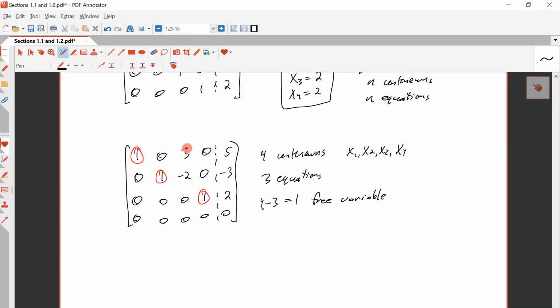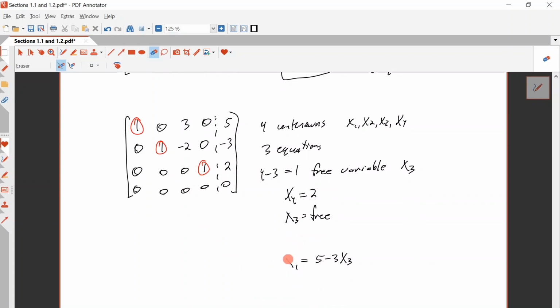There's no leading coefficient in the third column, so the free variable is x3. So x4 is 2, x3 is free, x2 is equal to minus 3 plus 2x3, and x1 is equal to 5 minus 3x3. So that's your set of solutions.